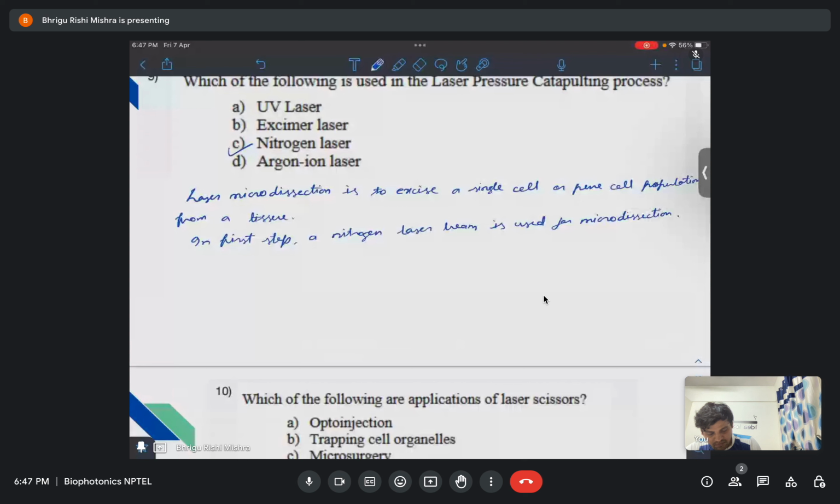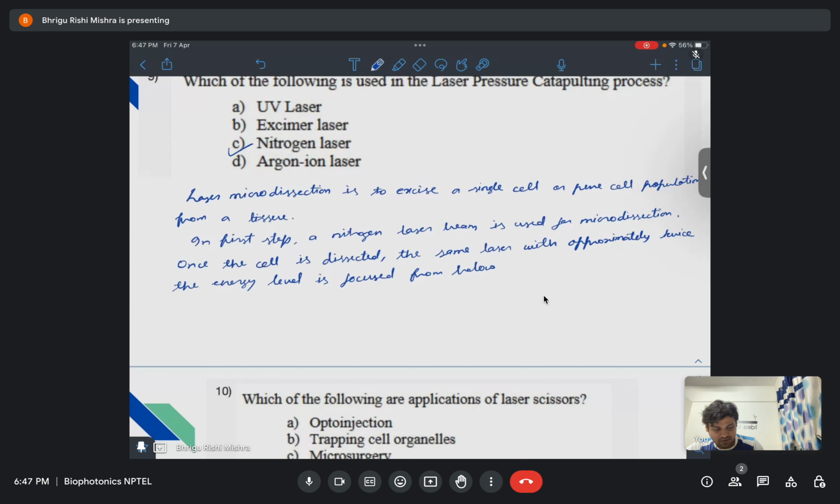Okay, once the cell is dissected, the same laser with approximately twice the energy level is focused from below the tissue.